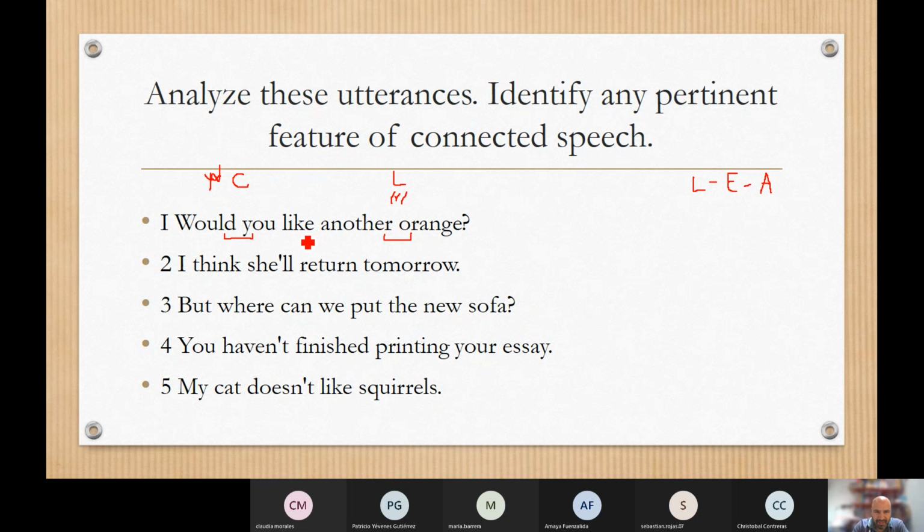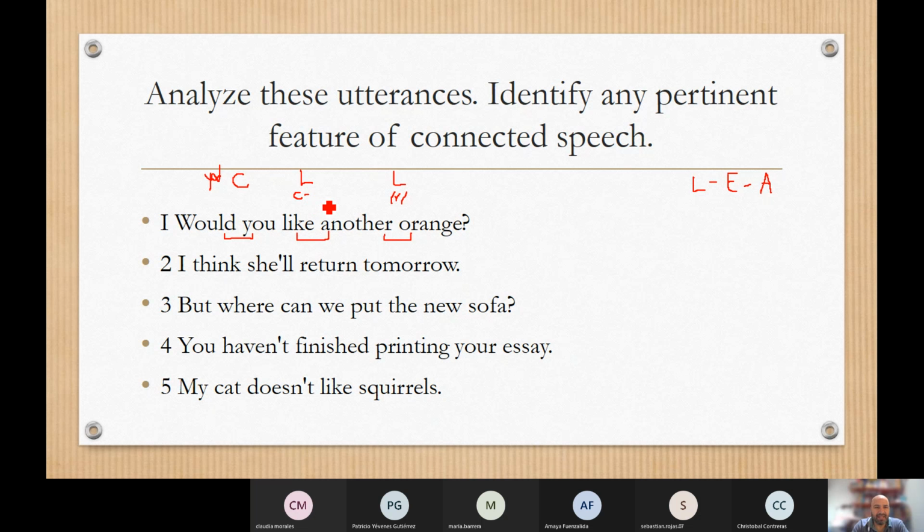So do you see anything here? Linking. Exactly. What type of linking? The last sound of like, even though the spelling is L-I-K-E, the last sound is a consonant. Exactly.